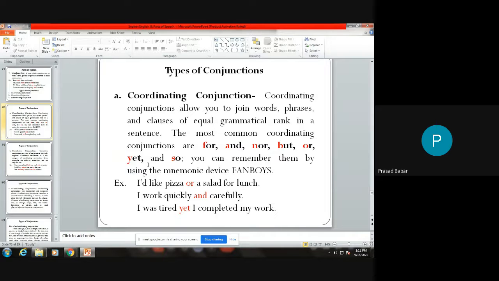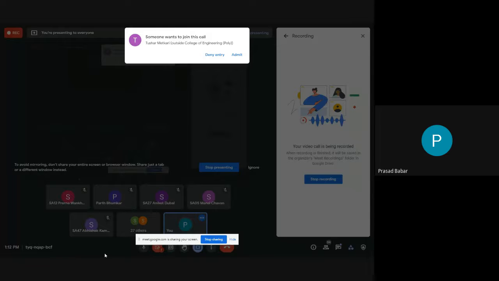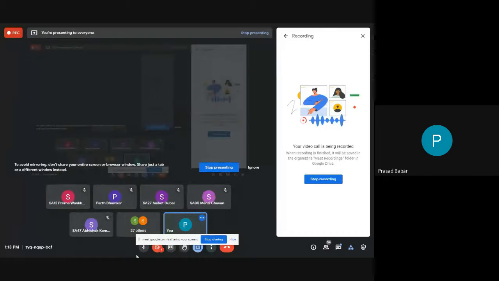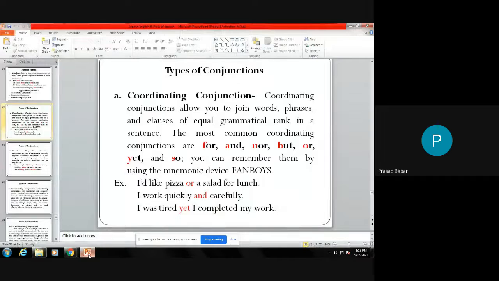When we are using a coordinating conjunction to join two words or two sentences or two phrases, the condition is that the two words should have the equal grammatical class.